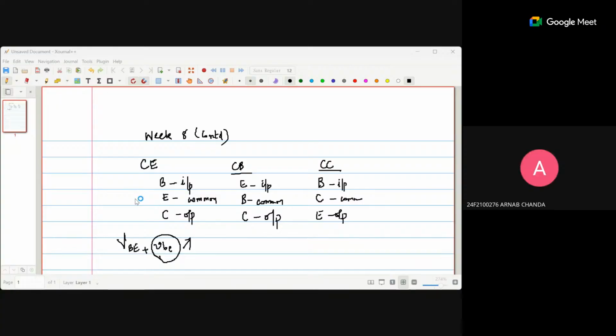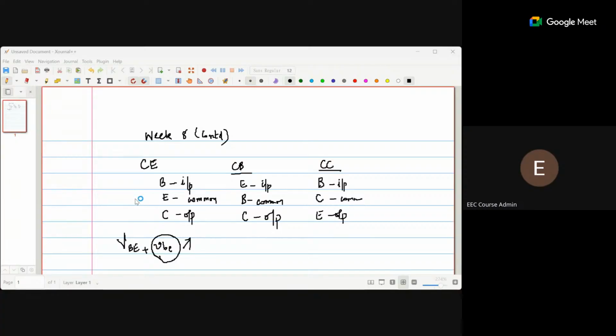Okay, but they are different, right? Different in the sense, it is the DC supply. It should be some 0.7 value or above. This VBE will be 0.7 or above, in general the DC value.